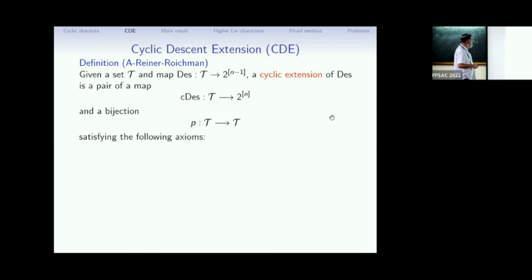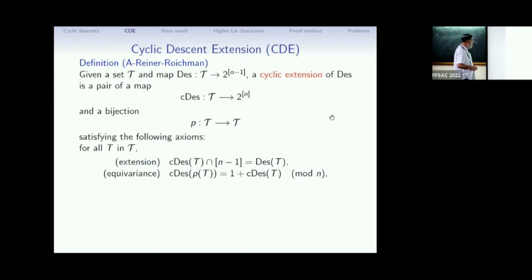Any element has an associated subset of [n], not of [n-1], but of [n], and a bijection, which should be a rotation or promotion on the set, which shifts the cyclic descent set. And if we restrict it to the first n-1 letters, we recover the descent set.